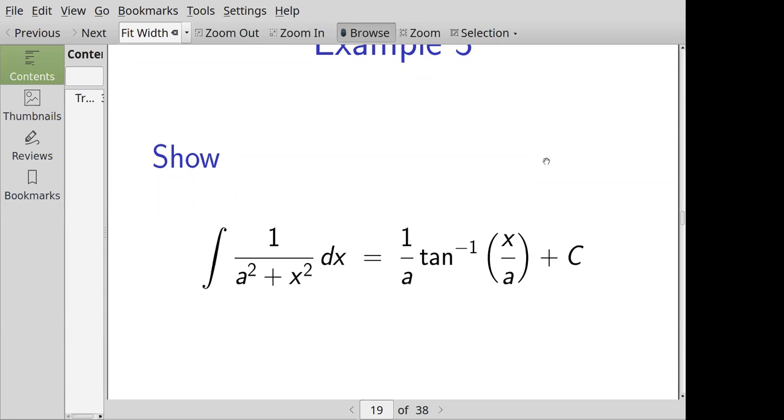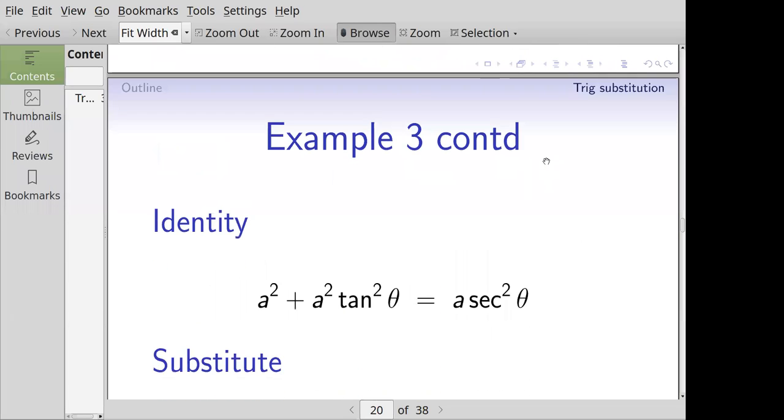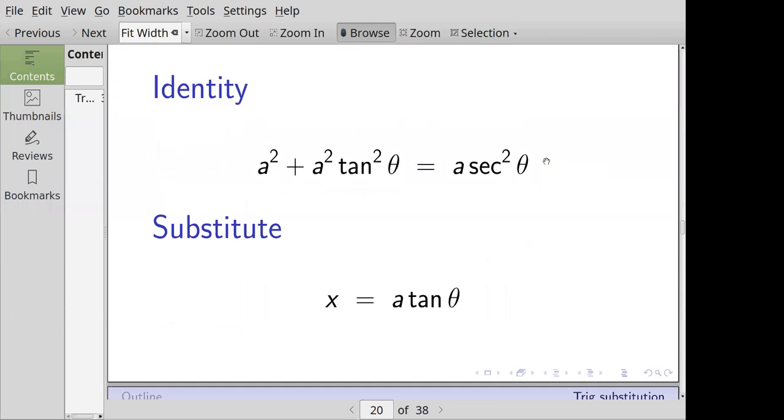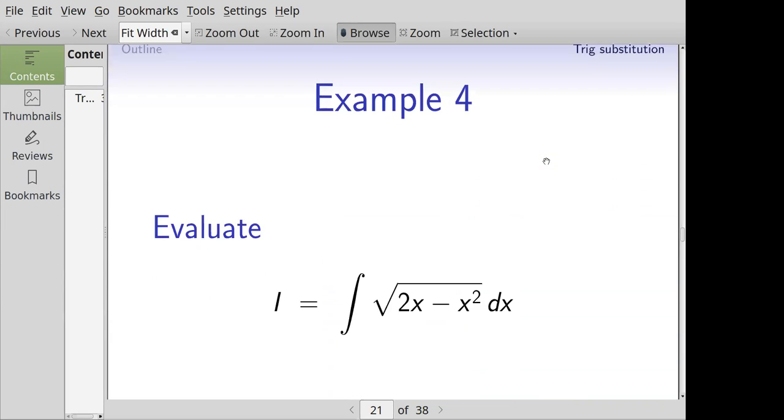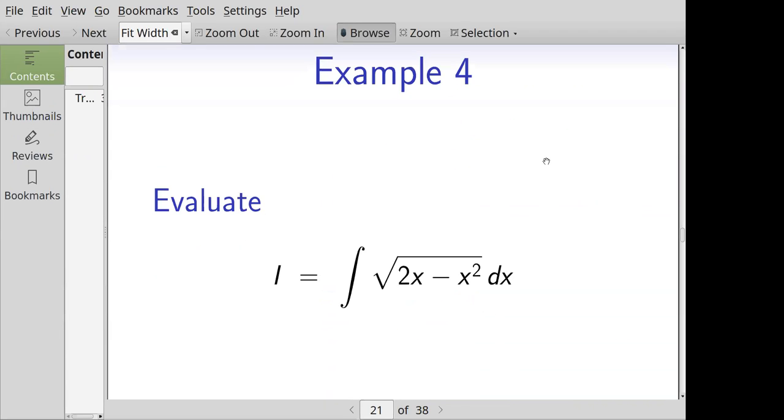If you do that, then the integral of 1 over a squared plus x squared dx becomes 1 over a arctangent of x over a plus c. There you're using the identity a squared plus a squared tangent squared theta equals a squared secant squared theta. So that's a brief review of what we did last time.